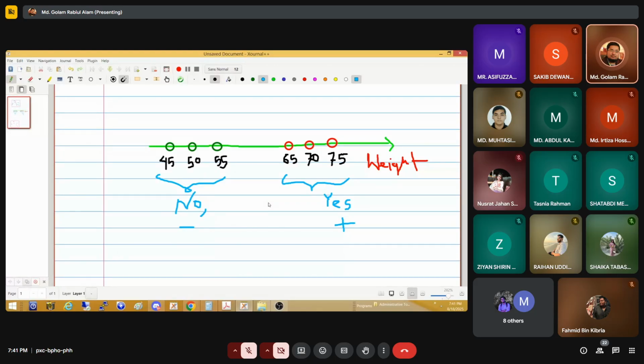Below that threshold are the people with no obesity, and greater than the threshold are the people with obesity. Let's say the threshold TH is 57.